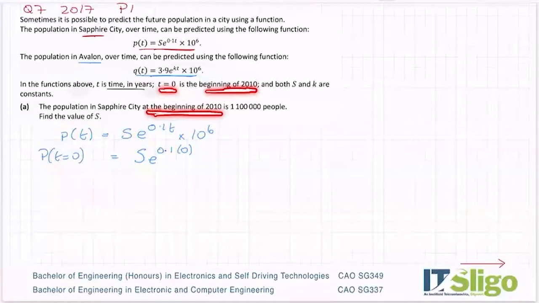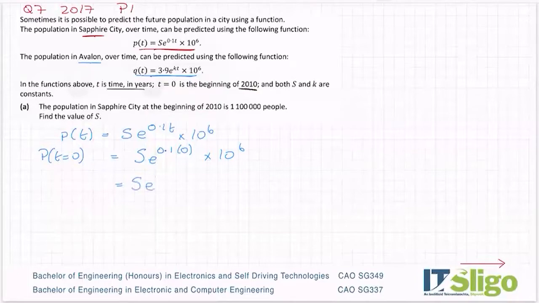It told me that t was 0 at the beginning of 2010, by 10 to the 6. 0.1 by 0 will be 0, so it'll be s e to the power of 0 by 10 to the power of 6.